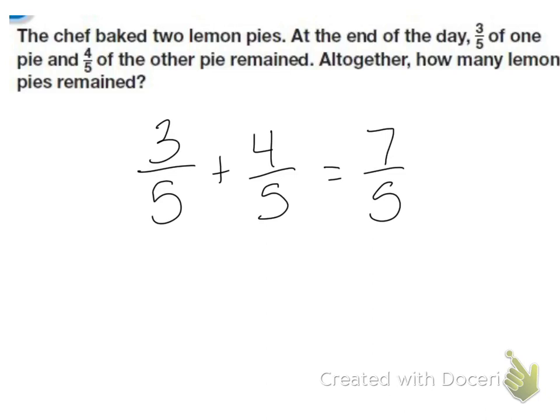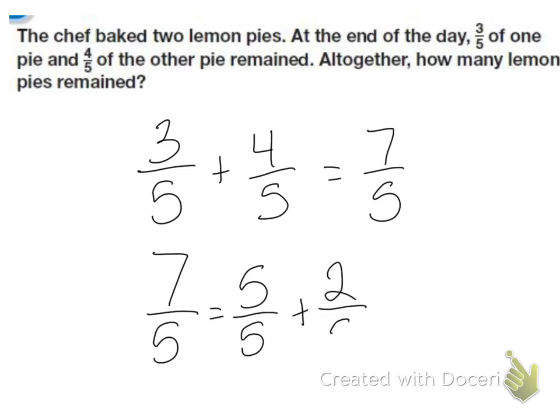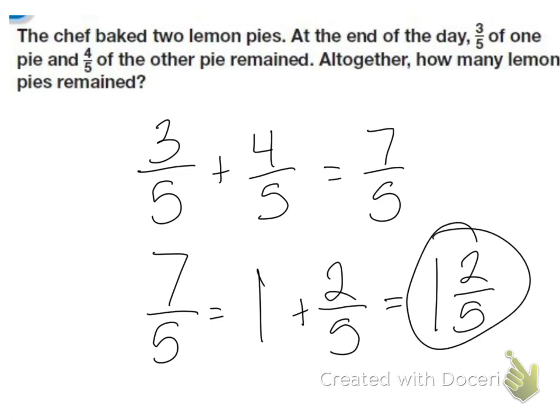Now we need to change this improper fraction to a mixed number. Okay? So 7/5 is the same as 5/5 plus 2/5. Okay? And then 5/5 we know is the same as 1. So my mixed number would be 1 and 2/5.